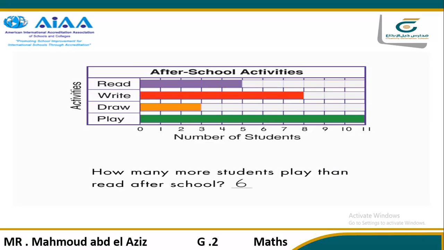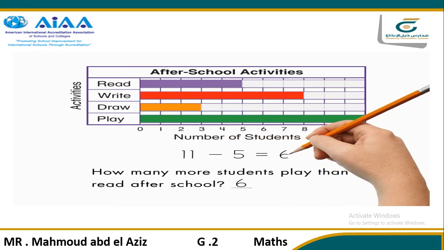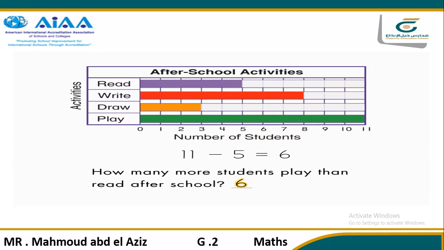Other students may explain that the bar for playing is 11 boxes long, and the bar for reading is 5 boxes long. 11 minus 5 is equal to 6. So, 6 more students play than read after school. These students demonstrate an understanding of how to use the lengths of bars in a bar graph to compare data. These students are developing their understanding of different types of data displays. This will help them later as they need to choose the most appropriate type of data display.